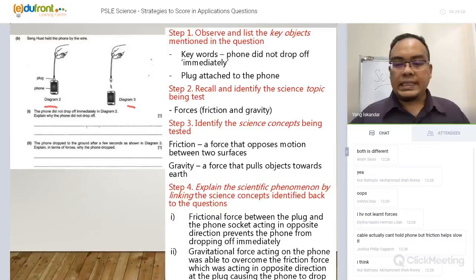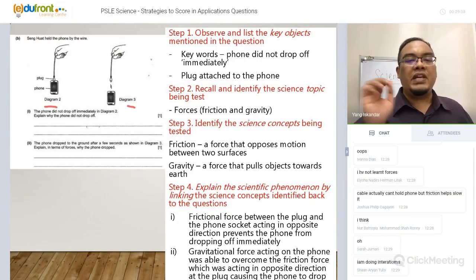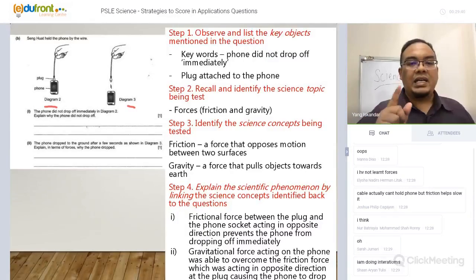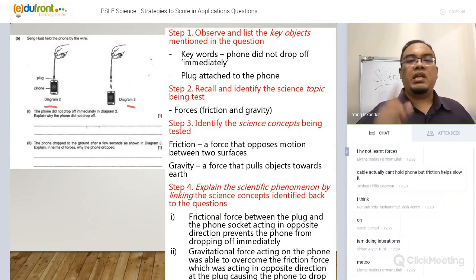All right, so let's discuss. Step number 1, observe and list the key objects mentioned in the question. What do you observe? The phone did not drop off immediately. By right, it is supposed to drop off immediately, but the question asks why it did not. So it is not only about gravity.